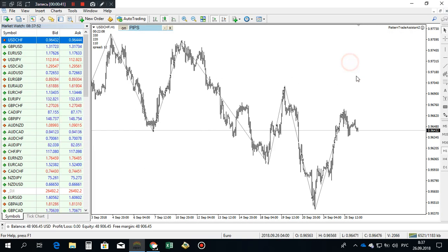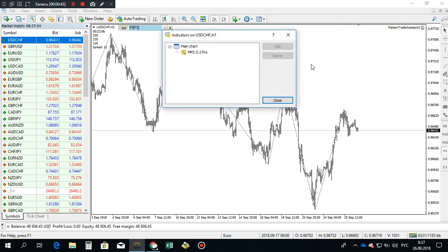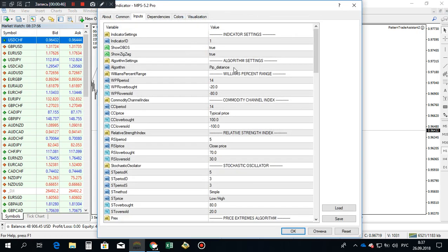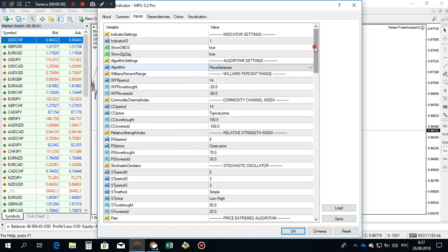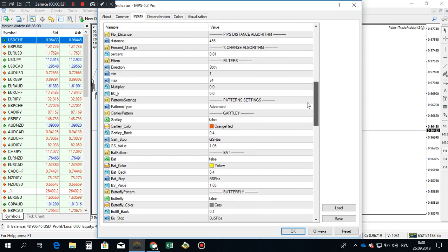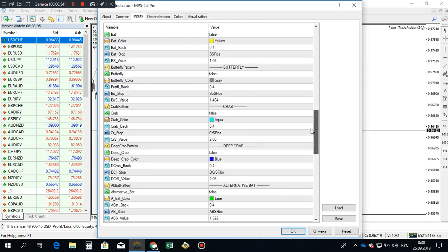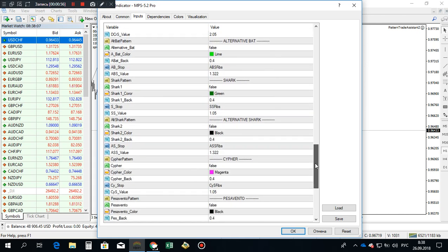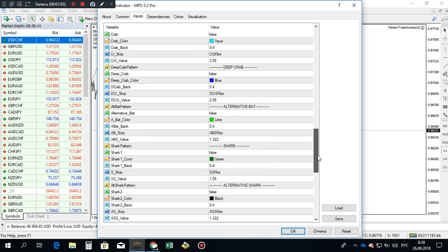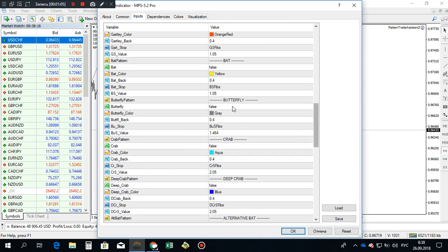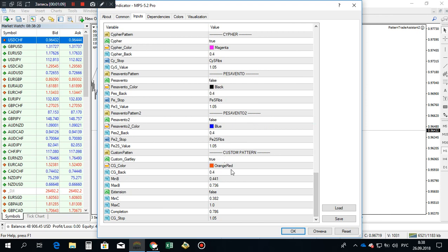I just open this and then I go to change something. What I wish is price extremes, and then I go to display cipher and a butterfly, yes, deep crab, butterfly, and a unified godly. Okay, cool.